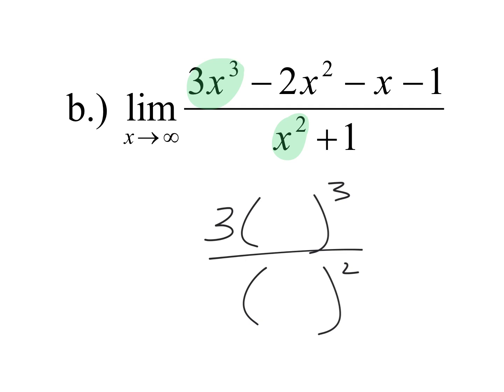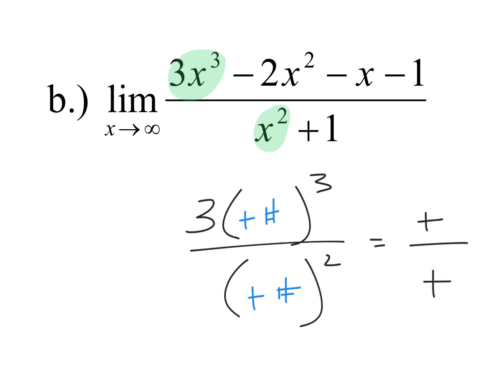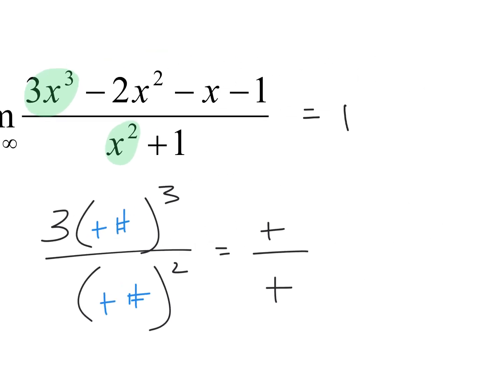So if I put a positive number here and a positive number here, I'm just trying to analyze whether this answer is going to be positive or negative. So a positive number to the third is still positive, and when you multiply it by 3, it's still positive. And the same thing on the denominator, a positive number squared is still a positive number. Therefore, my answer is positive infinity.